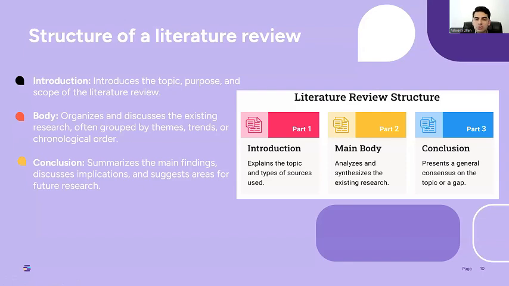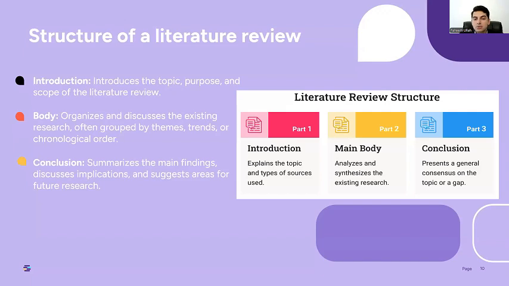In the conclusion, you pave the way for the future: what are the different gaps in this particular field, and what could be the common trends and patterns that can be followed by practitioners. We'll talk about that in a different way. So this is at a broader level. You can look at your literature review from this perspective.